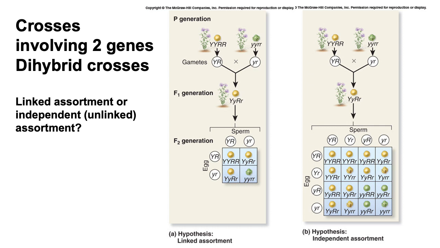And again, remember, this is how we know that yellow is dominant, because that's what we see in the F1, and this is how we know that round is dominant, because that's what we see in the F1.